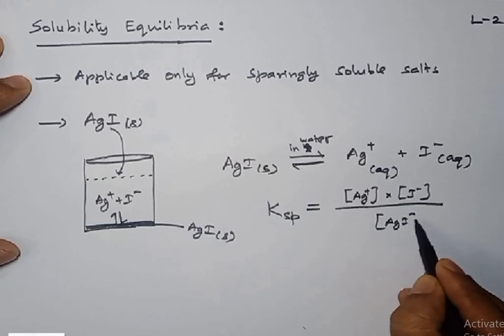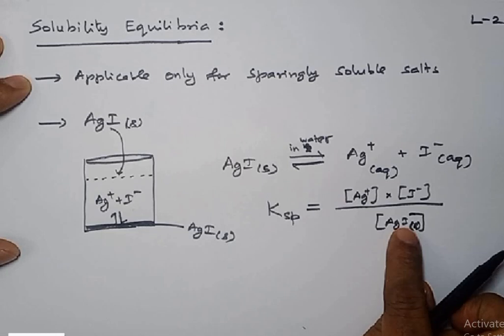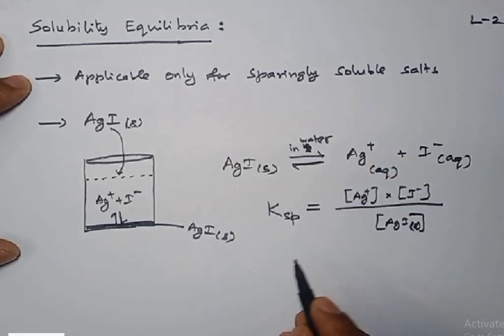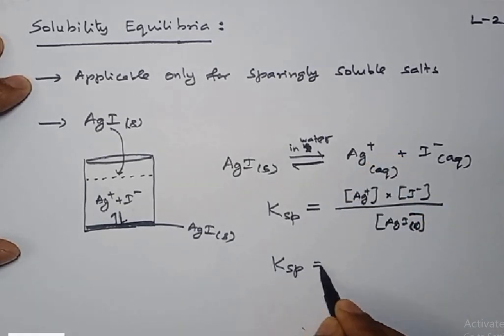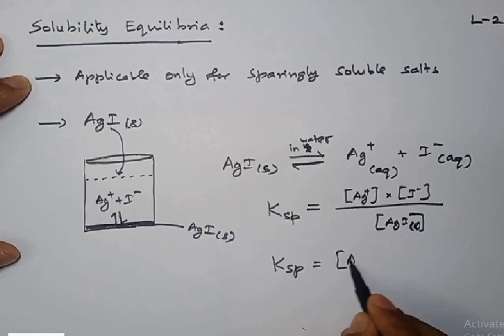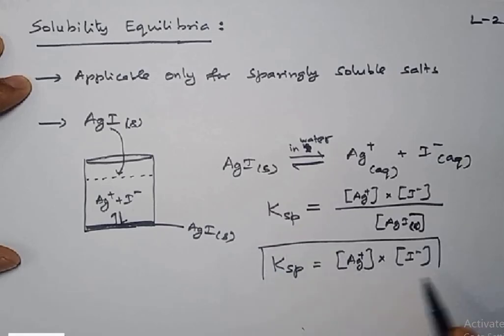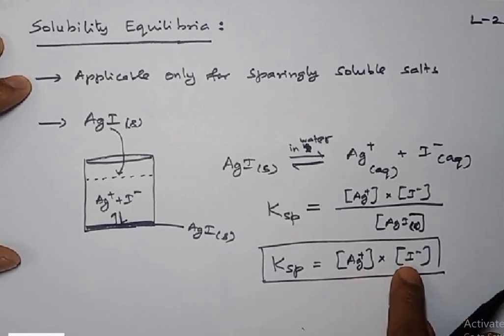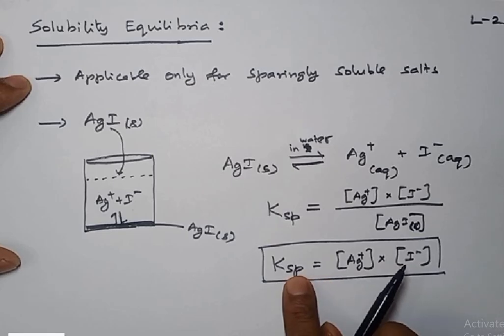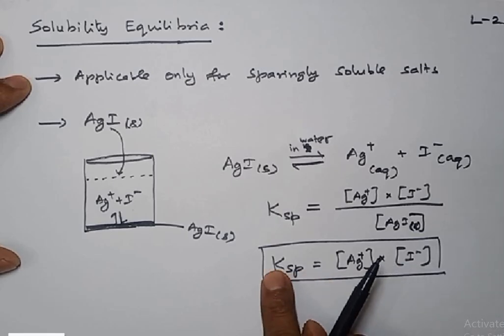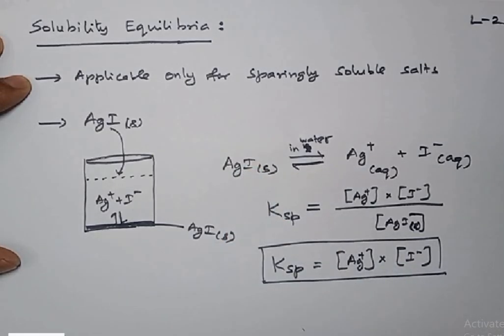And you know very well, for a solid, concentration is always 1. Therefore, the solubility product constant is equal to the concentration of silver ion times the concentration of iodide ion.